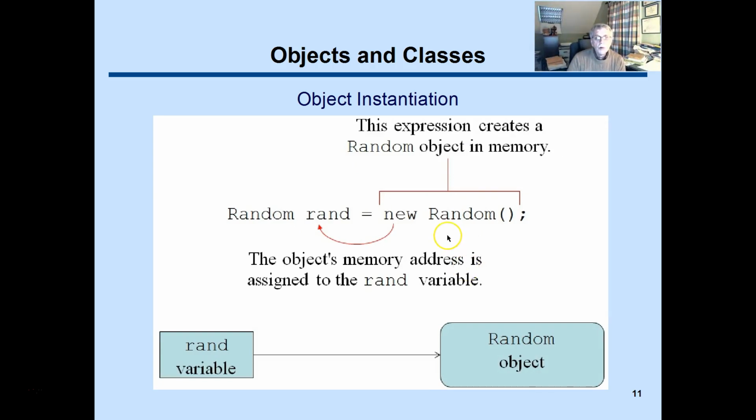Here's another example where we're using the Random class to generate a random number. So what we're doing is invoking Random, and notice what's interesting about this one is Random, or its constructor, is invoked without any arguments. So this is a no-arg or no-argument constructor.